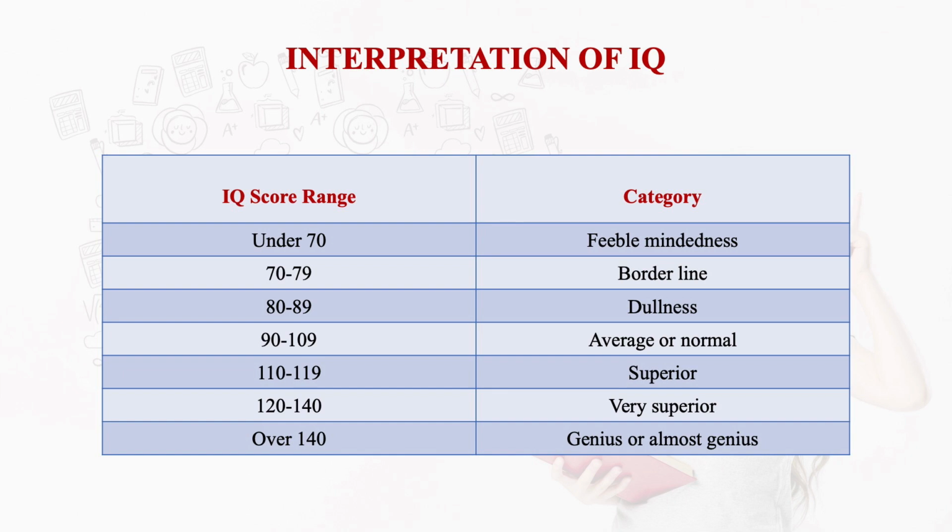If it is 110 to 119, it is the superior category. If it is 120 to 140, then very superior category. If it is over 140, then you can say that the child is genius or almost genius. So friends, accordingly you can find out the IQ by administering an intelligence test.